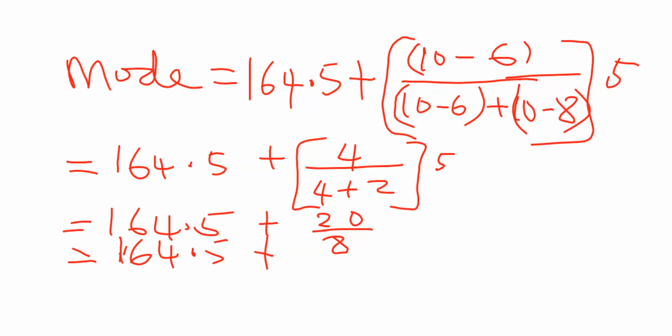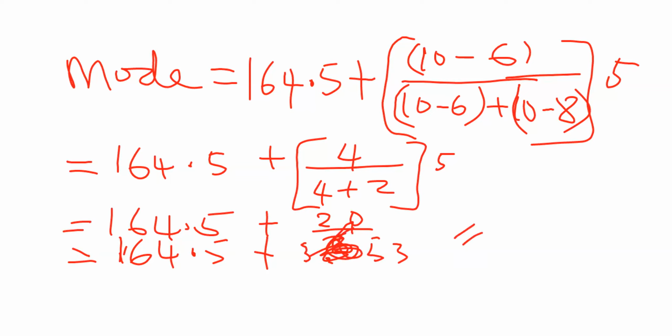What do you have? 3.33. I mean 2.5. No, 20 divided by 8 is 2.5. Are you sure? Okay, sorry, I made a mistake. It is 20 divided by 6 is 3.33, because 4 plus 2 is 6, not times.